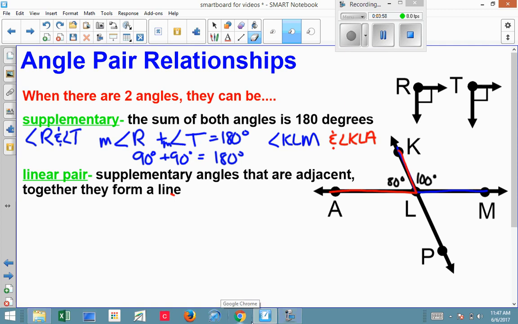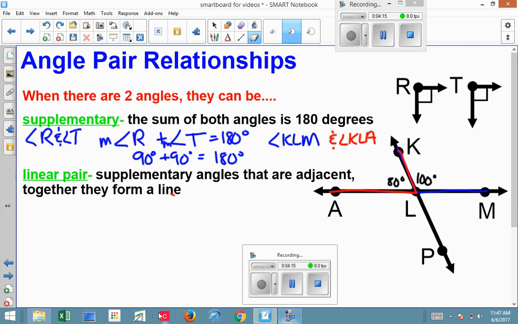The next term is linear pair, which is supplementary angles that are adjacent, and together they form a line. So in this particular example that we just looked at, we said angle KLM and angle KLA, those are supplementary angles. Well, we've also just determined that those angles are a linear pair.